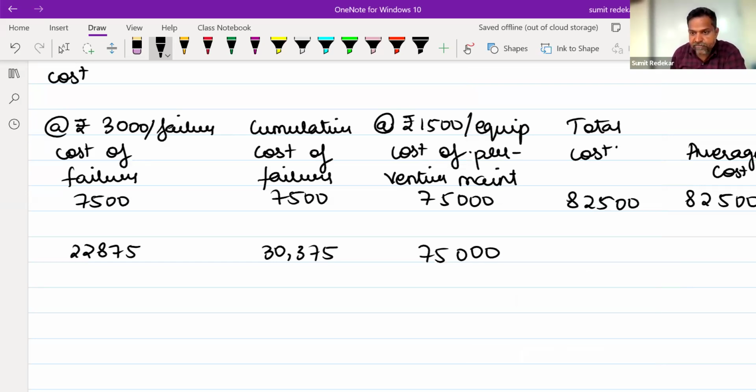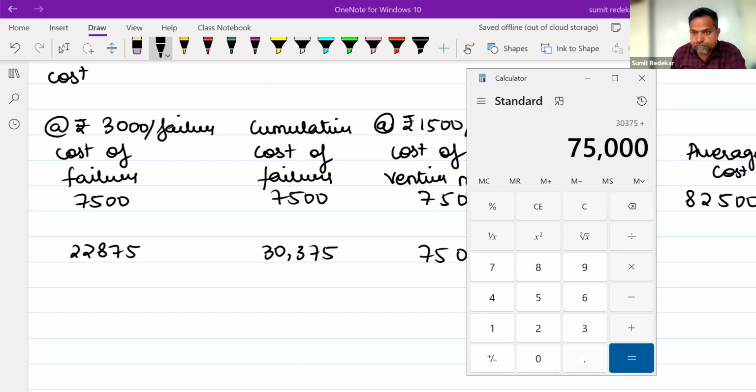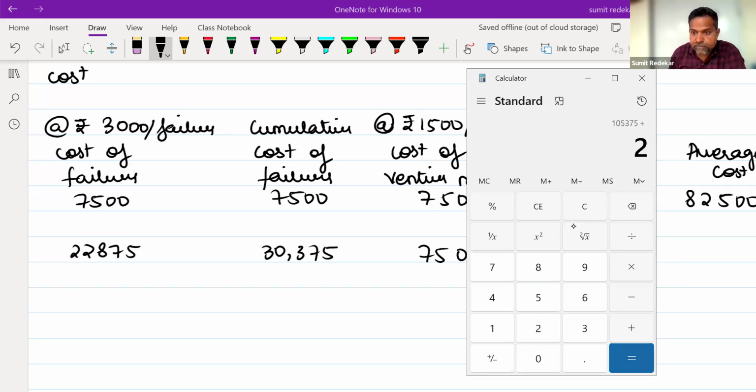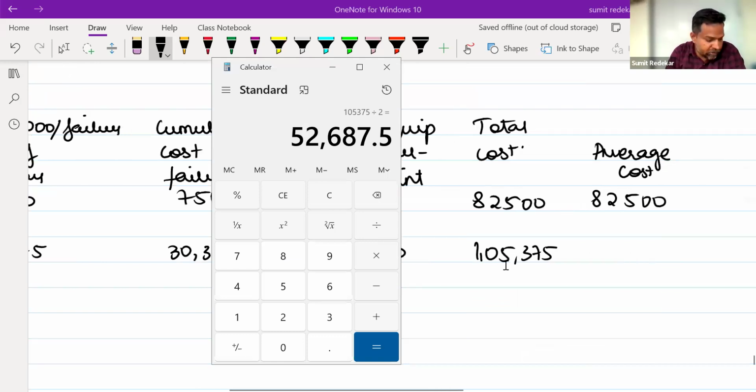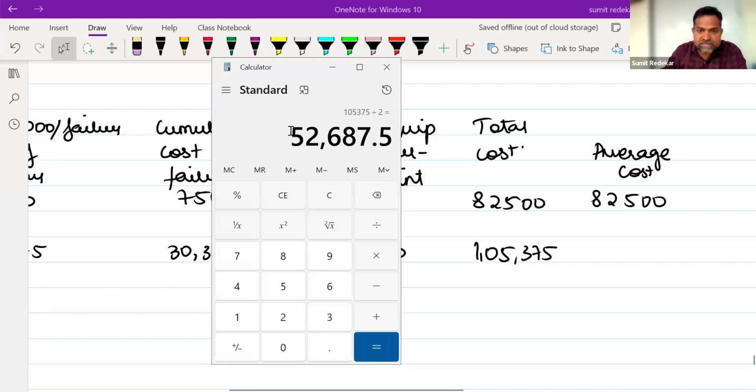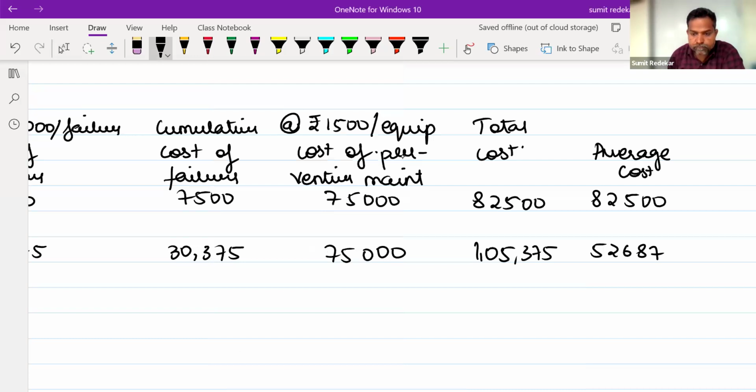Add the fixed 75,000 to that. 105,375. This is for 2 periods. Divide that by 2. And your answer is 52,687.5.